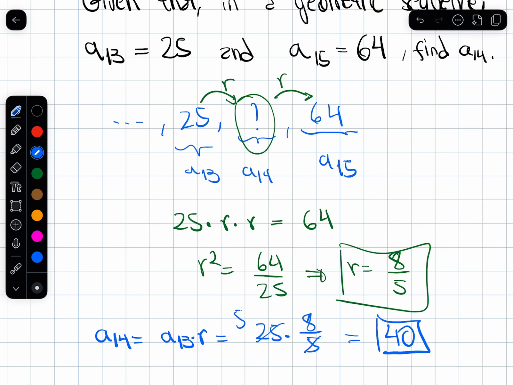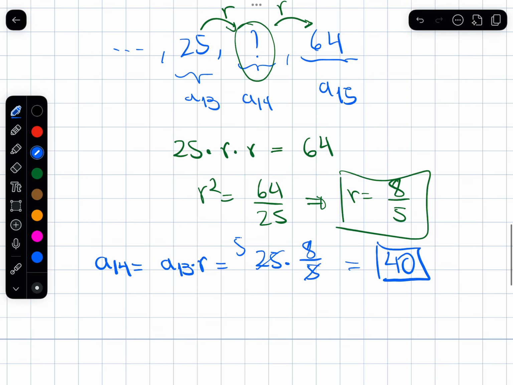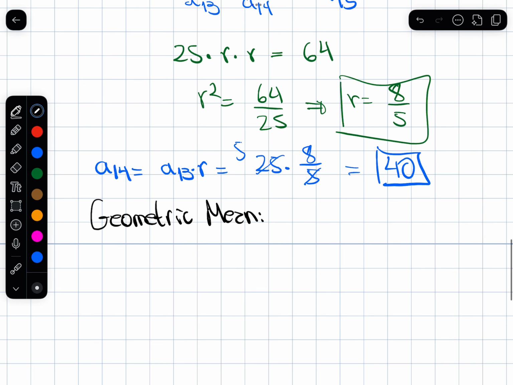This is also connected to the idea of the geometric mean. The geometric mean of two numbers, let's say of numbers x and y, is the number that's the square root of x times y.